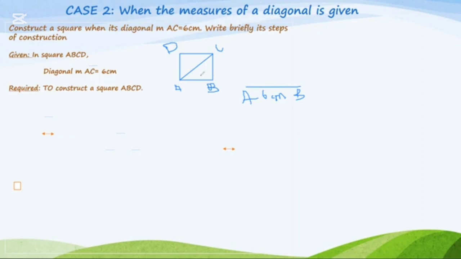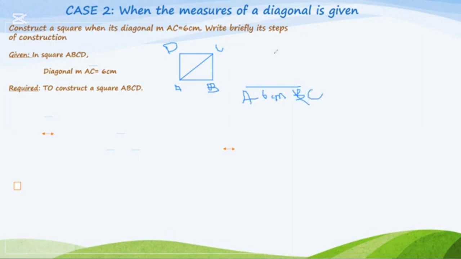All the sides are congruent. We are not talking about the diagonals. So avoid making the square like this. Don't write B over here, you have to write C, because the diagonal is given.